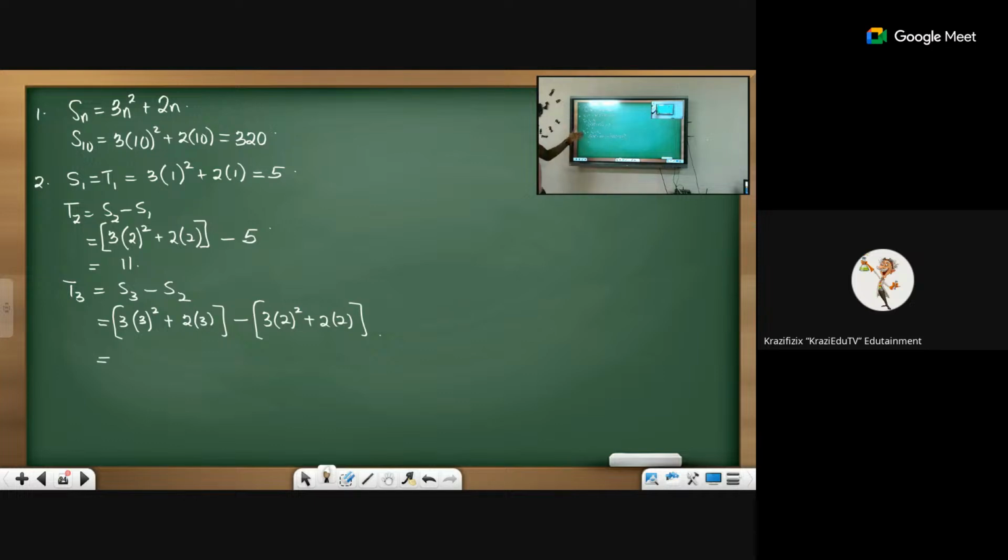If you put this in a calculator, 3 squared is 9, 3 times 9 is 27. 27 plus 5 would give us what? 32 minus, you have 16. Yeah, we got 16, 4, 12, 16. 32 minus that would give us 16. Great. So our T1 is 5, T2 is 11, and T3 is 16.